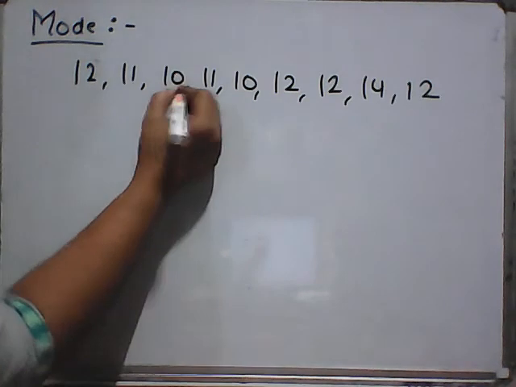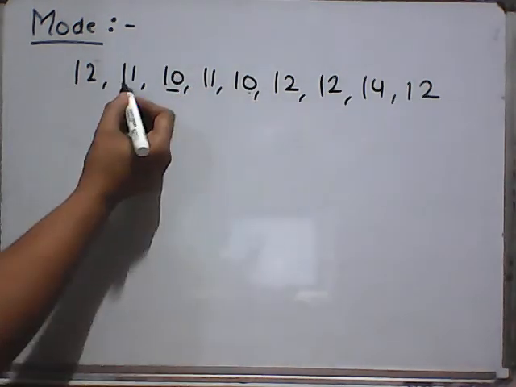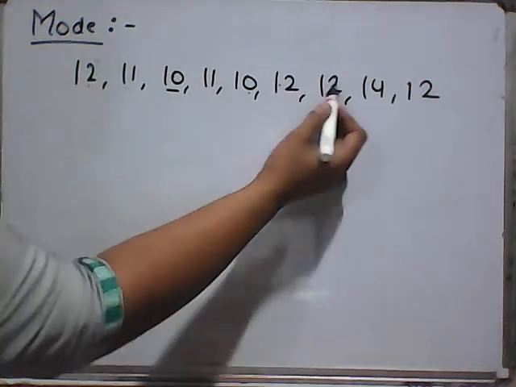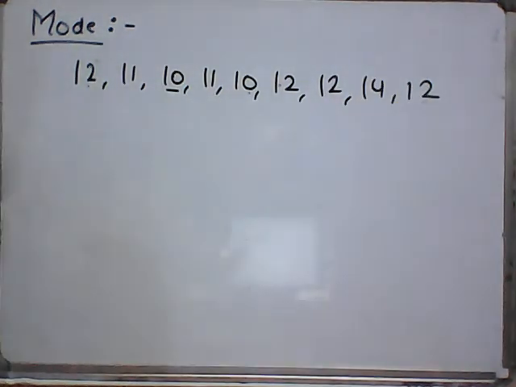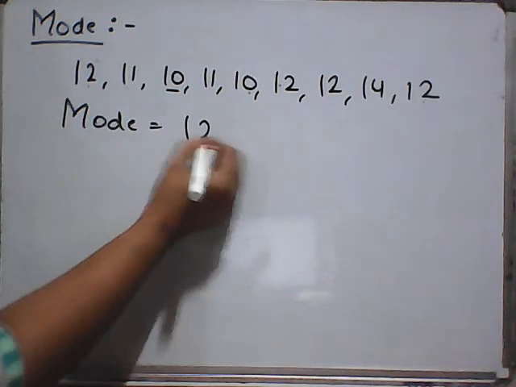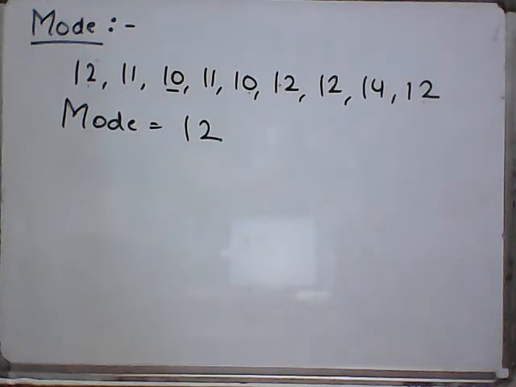Here 10 comes 2 times, 11 comes 2 times, 12 comes 1, 2, 3, 4. The most occurring value of this data is 12. So, mode is 12. Mode means most often occurring data. Here 12 comes 4 times. So, the mode of this data is 12.